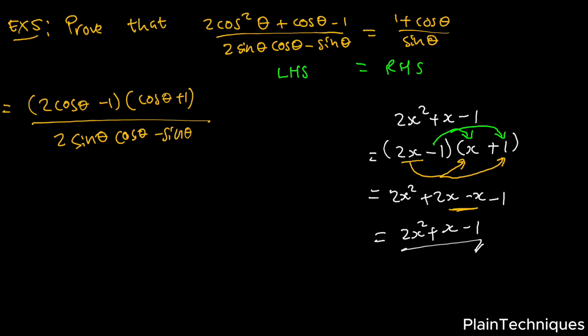What are like terms? Sine theta and sine theta are like terms, right? Now, if you factorize, you remove this on this side, you'll be left with 2 and cos. And after the minus sign, you'll only be left with 1. All right, so let's do that.